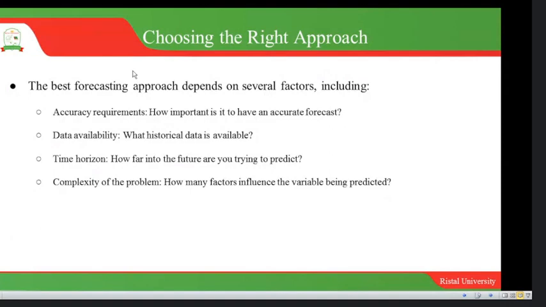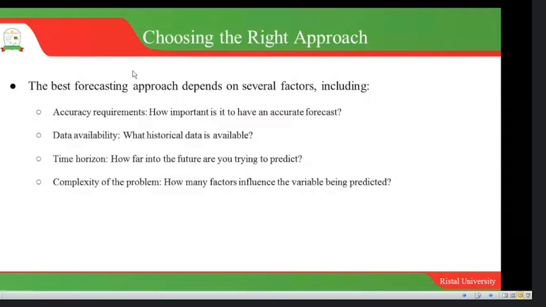And finally, the complexity of the problem, where we want to find out how many factors influence the variables that are being predicted. So when we are choosing the right approach, this is very important for us. It has to adhere to the issues that we have highlighted here.